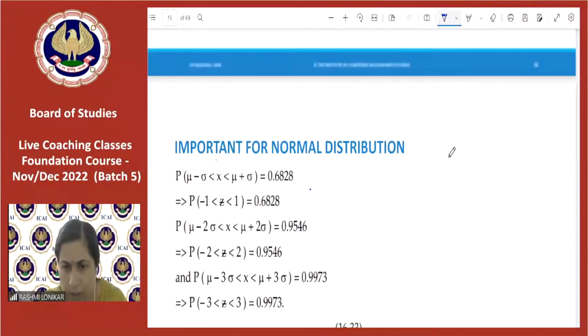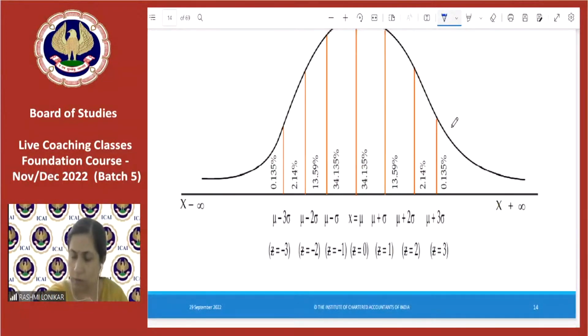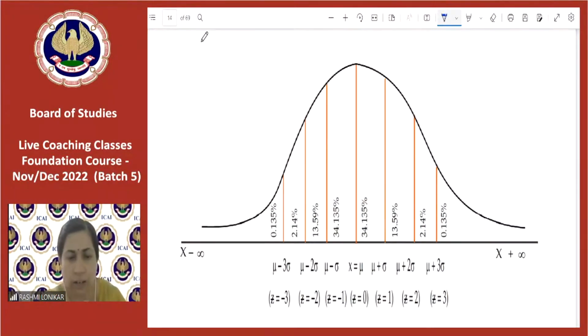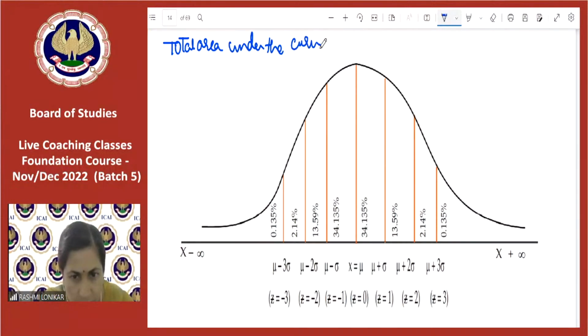Okay, so we are here discussing the area under the curve. I think Saima, you did not understand what this means. The total area under this curve is equal to 1. If you go from here all the way to here, you will get 1.